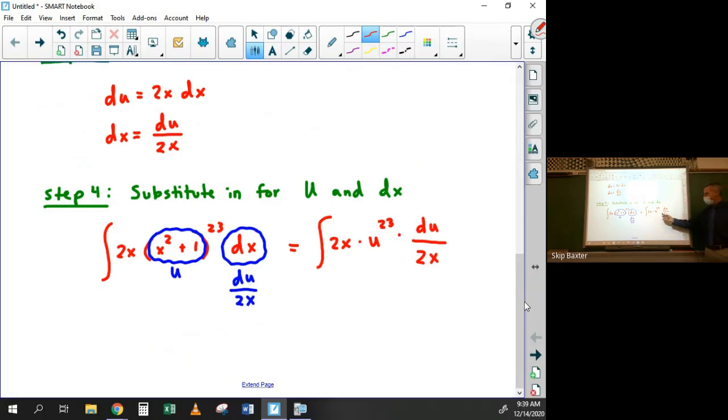And you can see what happens. 2x on top, 2x on the bottom, they cancel, and you get the integral of u to the 23rd du. That should always happen. Anything that has an x in it should cancel.